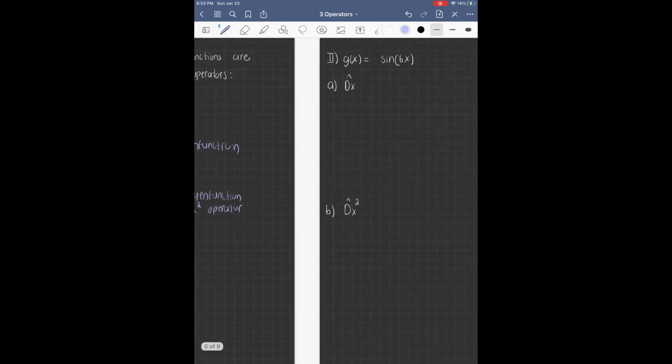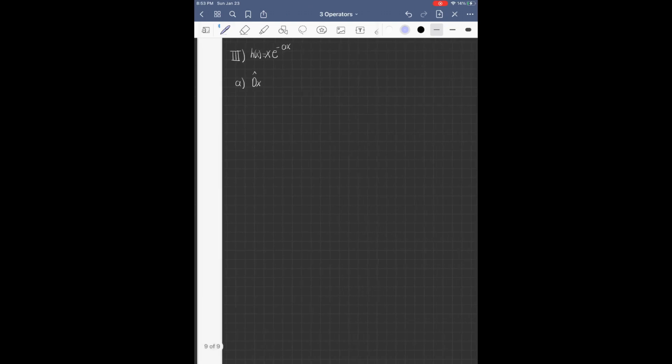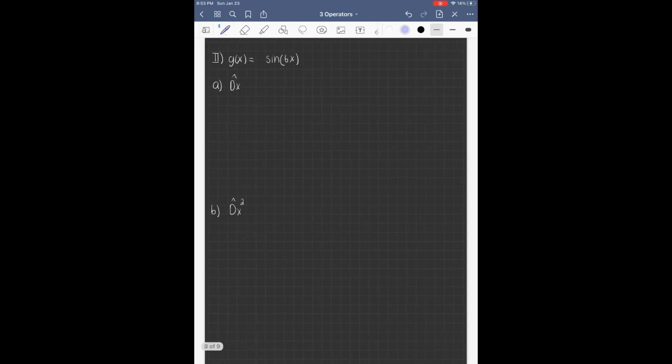All right, now let's go on to the next one. Sine of b x. Yep, let's say we have sine of b x. We take the derivative of this, and hopefully you know what it is. It's b cosine of b x. You take the derivative and the function changed. It's not sine anymore.